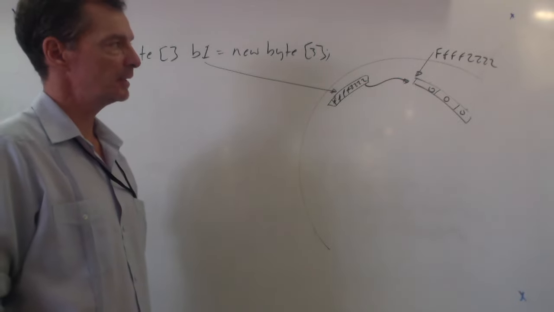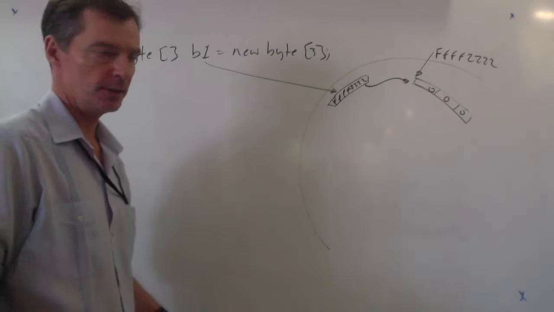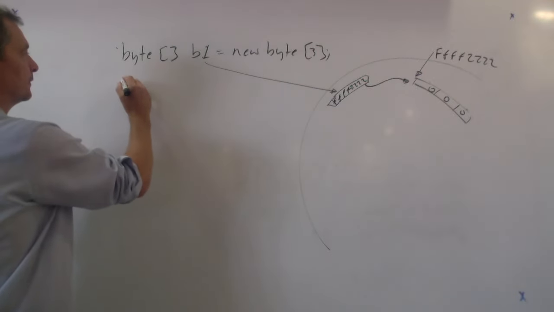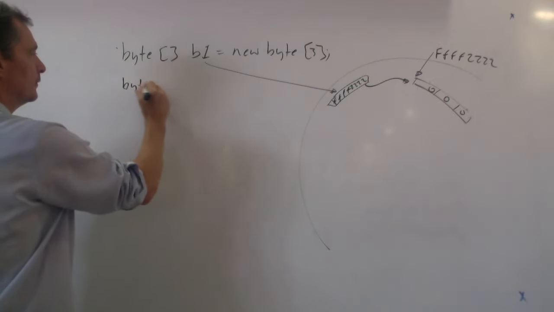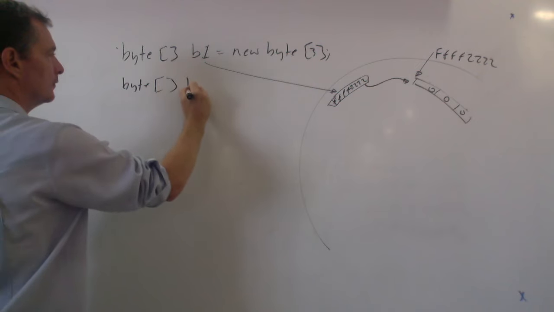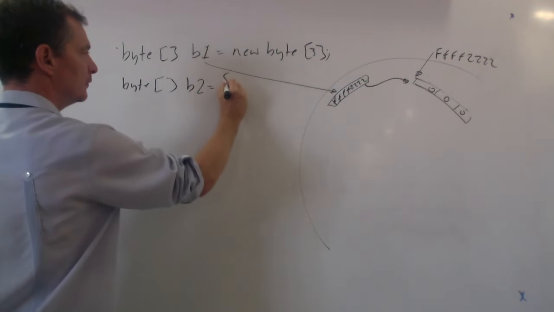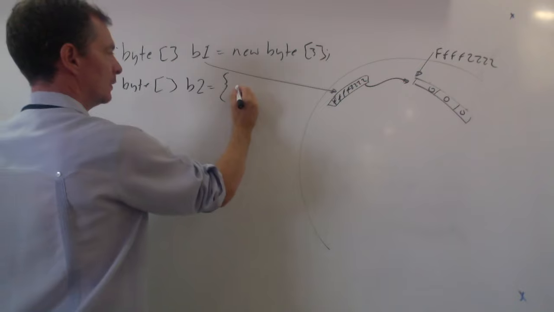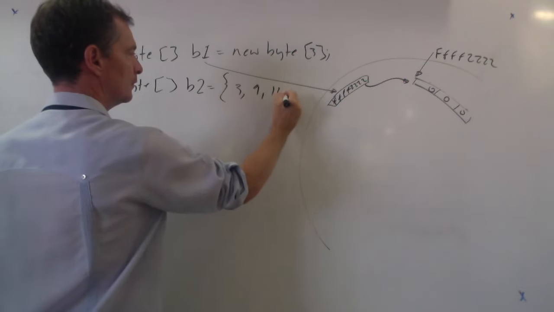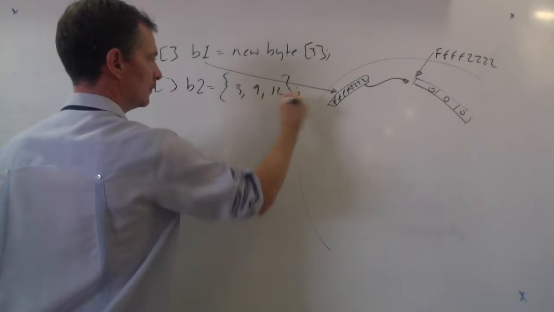Now let's look at the explicit way of declaring an array. There we go.